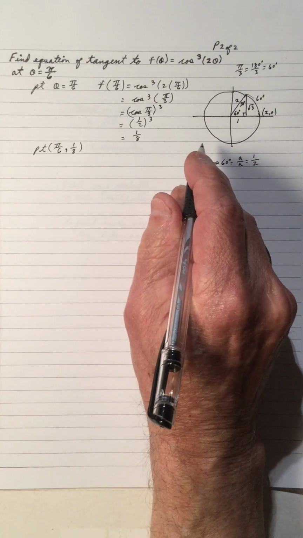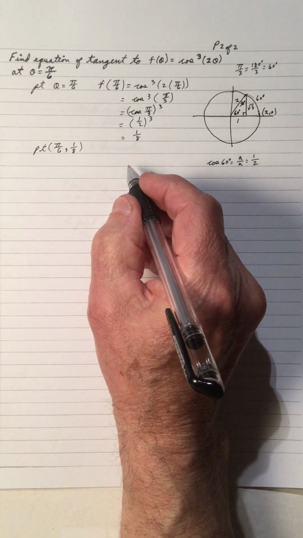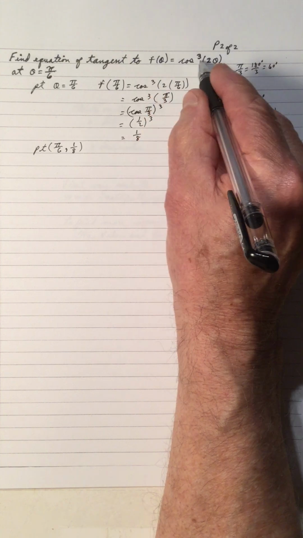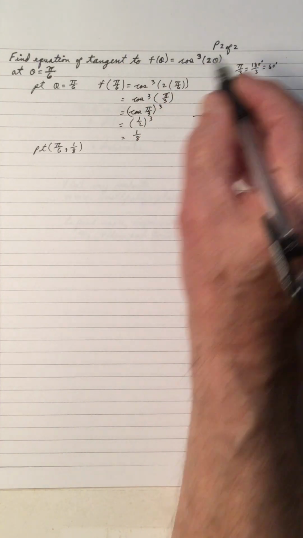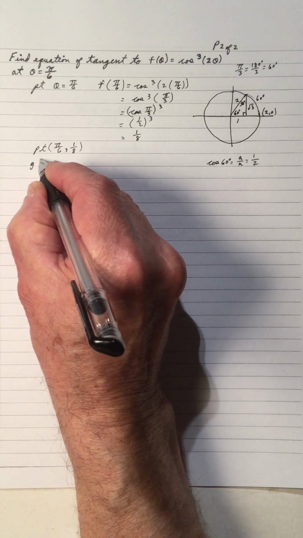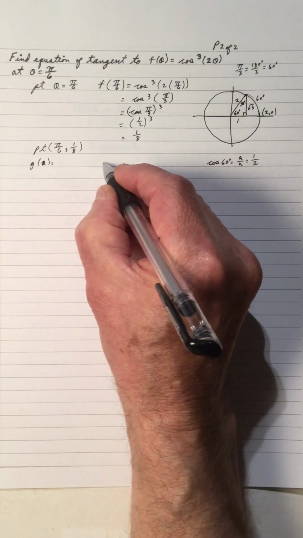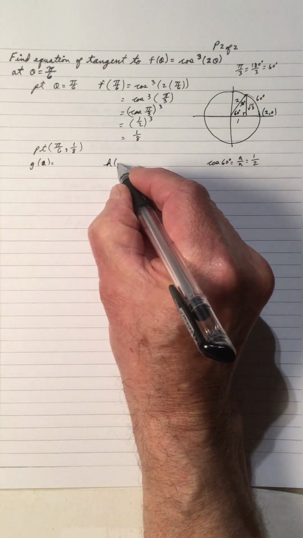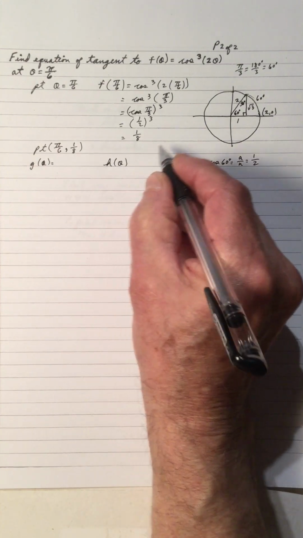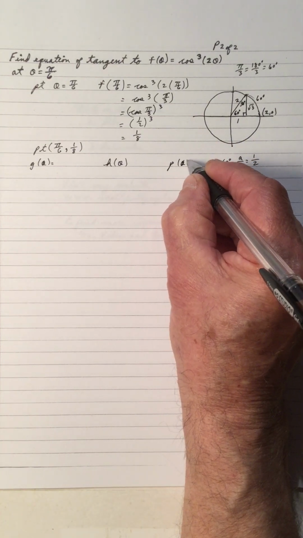Now we need to go and work out its derivative. If we think about it, this function is made up of 3 different functions, g, h, and p, just to show you.